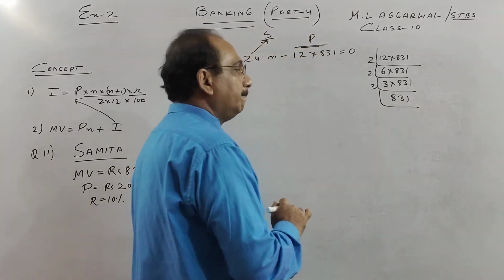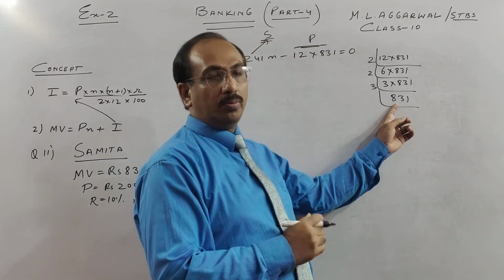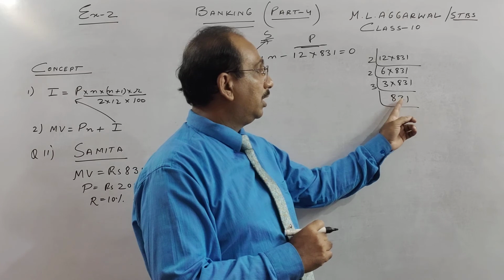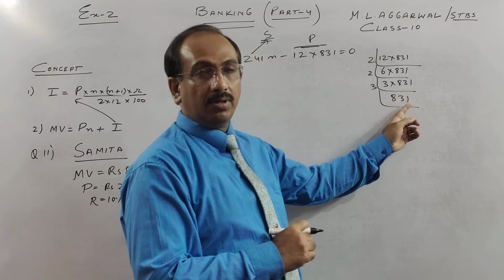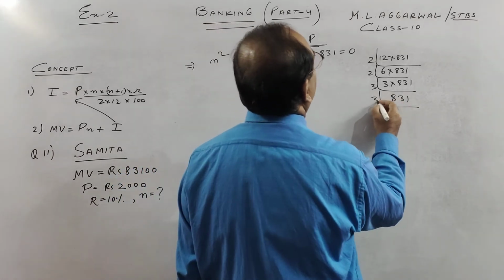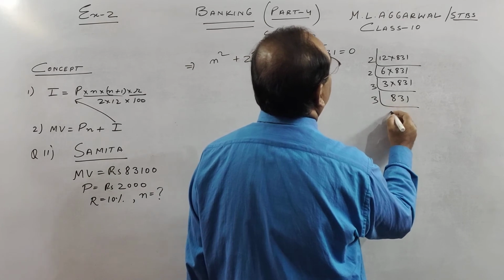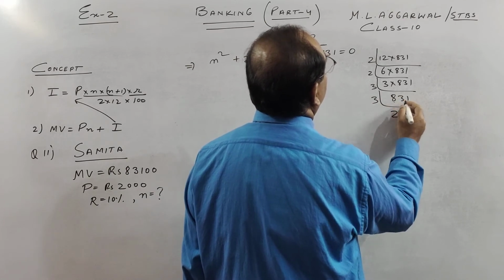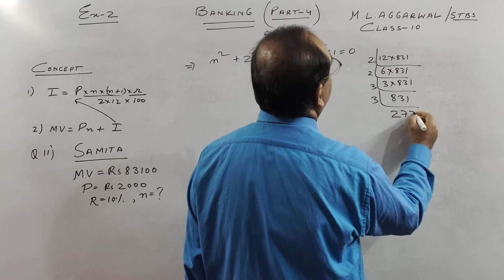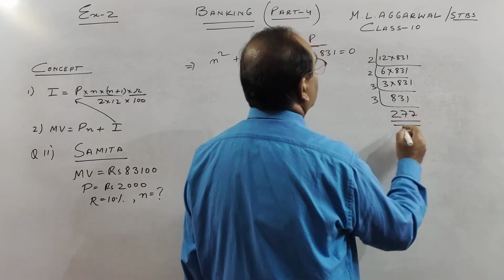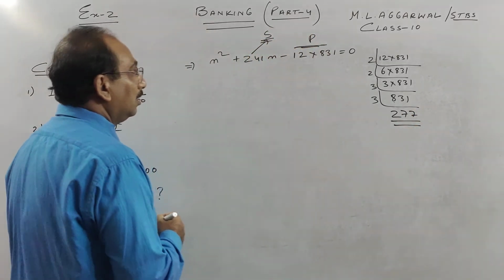Now see, 831, this won't go by 2, this is not an even number. 8 plus 3, 11 plus 1, 12, 12 goes by 3. So if you do 3, 3 2s are 6, 3 7s are 21. And I think 277 is a prime number.